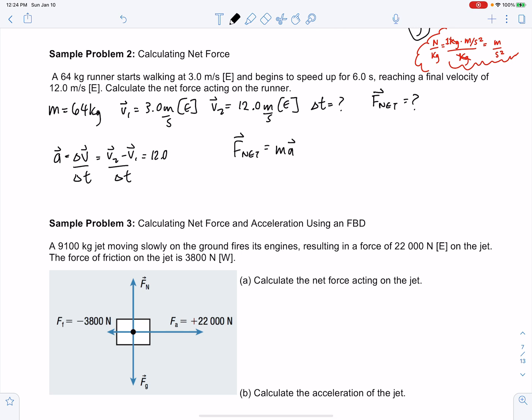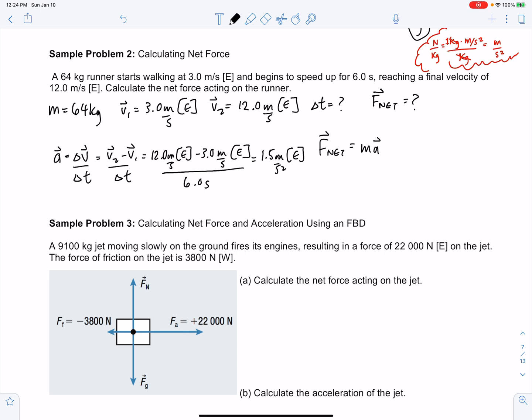That is 12 meters per second east minus 3 meters per second east, divided by an elapsed time of 6 seconds. If we punch this into our calculator, we end up with an acceleration of 1.5 meters per second squared east.